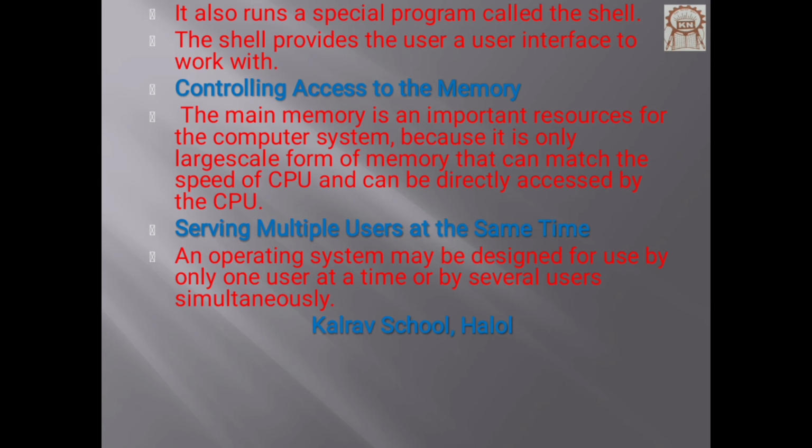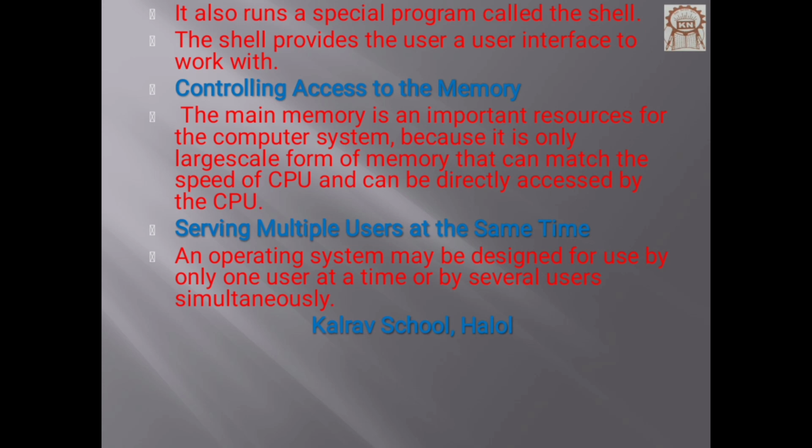Starting and stopping program execution. When the computer starts, initially it runs only the operating system. The operating system takes complete control of the computer system. It also runs a special program called the shell. The shell provides the user a user interface to work with.